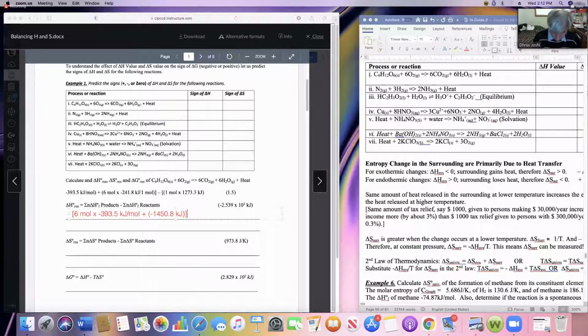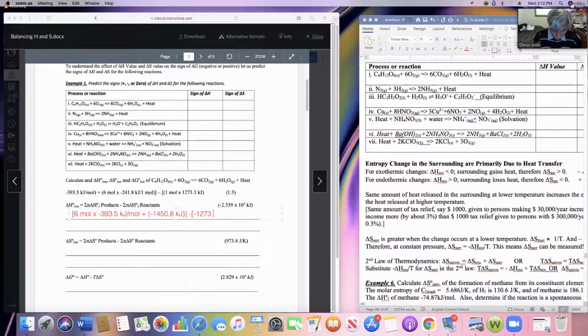Then minus. These are the products. Now we are talking about the reactants. We have two reactants here, glucose and oxygen. 1 mole of glucose, and that is negative 1273 kilojoules.